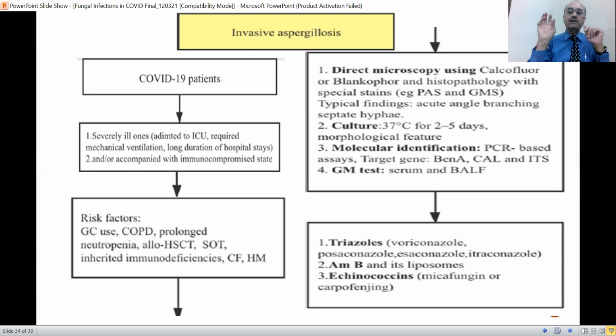If you find typical acute angle branching septate hyphae, which is the classical picture of aspergillosis, and if possible do a galactomannan test in the serum and also in the BAL fluid, once this is positive, or even if there is a high index of suspicion, you can start them on voriconazole.